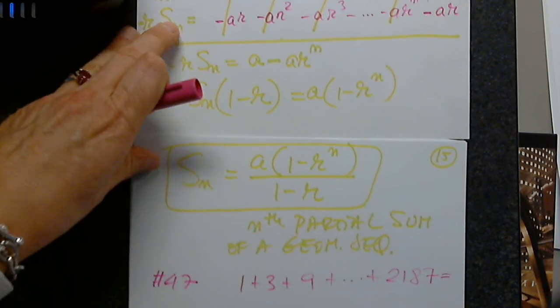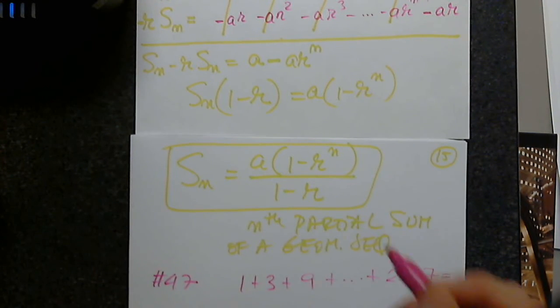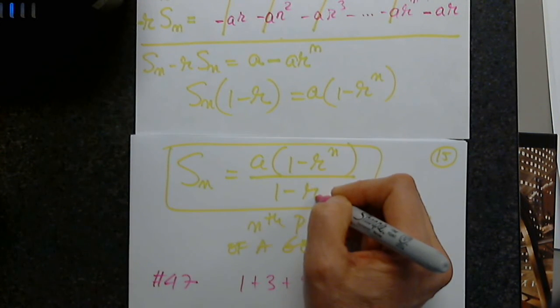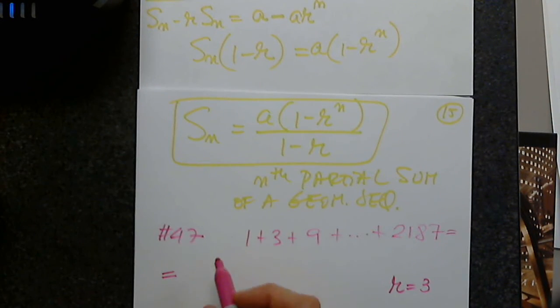So, first of all, is it a geometric sequence? When I multiply this by a number, I get that. When I multiply this by the same number, I get this, and so on and so forth. So it appears that the common ratio is 3. So then I have the 3 and the 3. I'm missing the A and I'm missing the N. Right now, I know that this is S sub something, which I don't have yet.